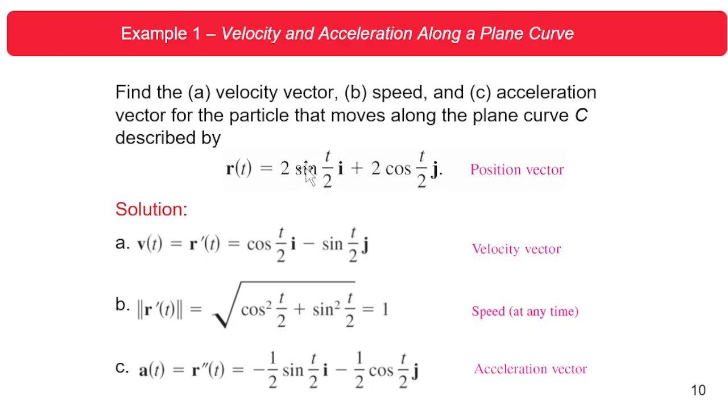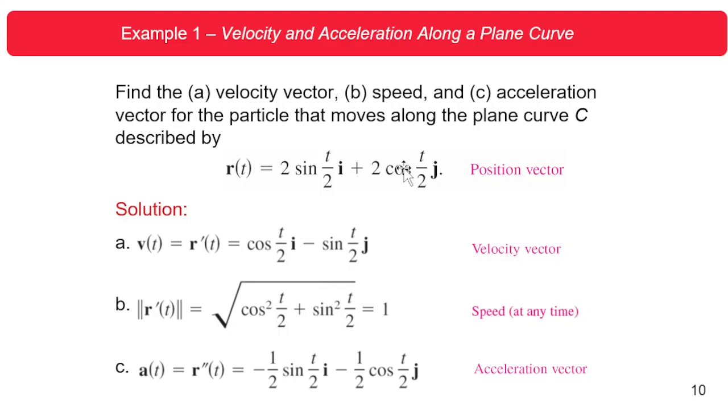The first derivative of r of t, denoted by r prime of t, is equal to 2 times the derivative of sine u, which is cosine u times the derivative of u. So we have cosine of t over 2 times the derivative of t over 2, which is 1 half. Times 2, the 2 cancels out, so you have cosine of t over 2 times i.